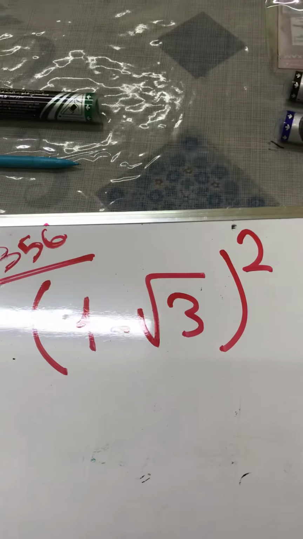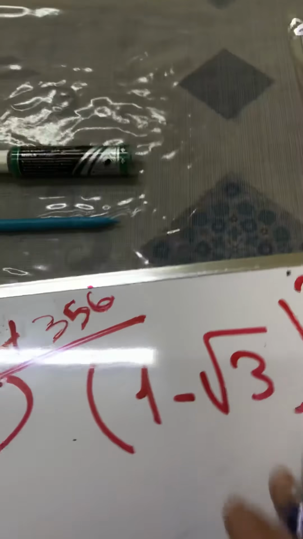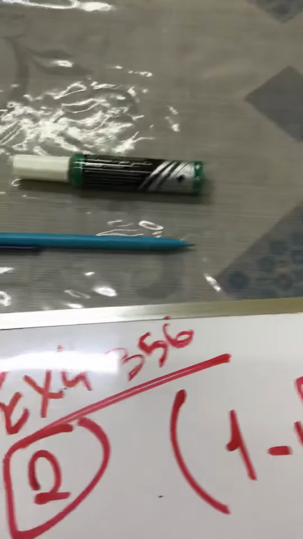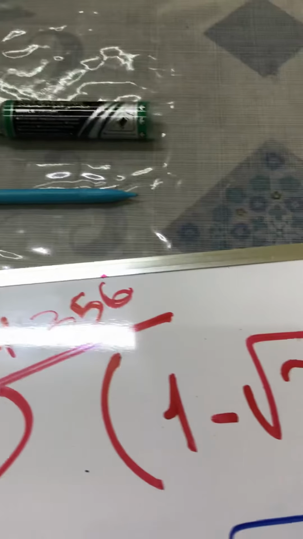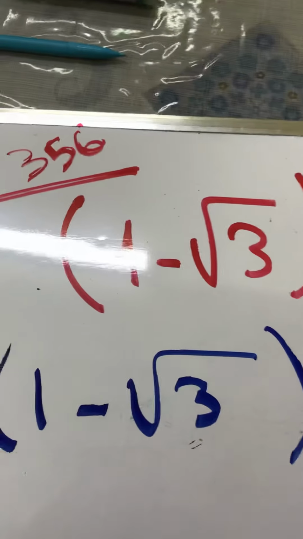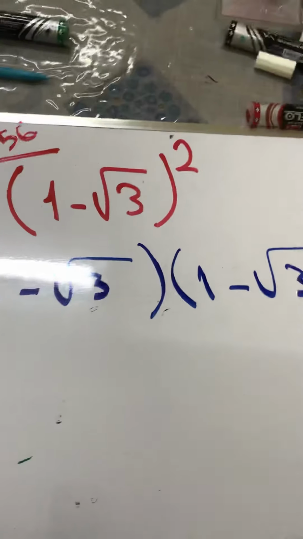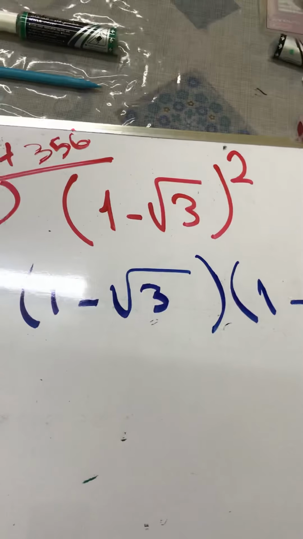Okay, this is my problem. Easy. I can change it into 2 brackets: 1 minus square root of 3 times 1 minus square root of 3. Change it into factors, factorize this bracket square.